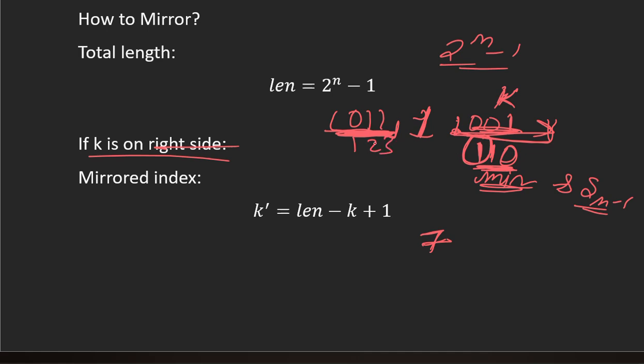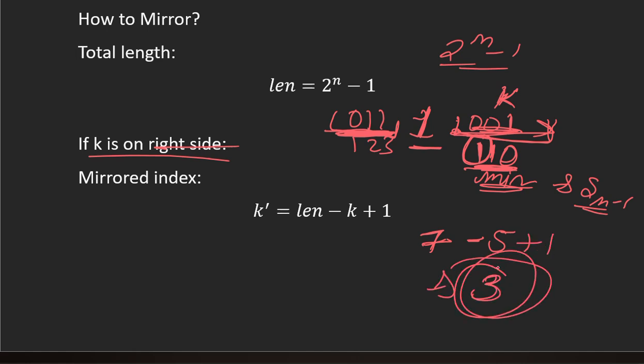So if k is greater than the middle element, then we update k such that we map it to the previous string. So 7 minus 5 plus 1, that is 3 only, right? So we have updated the k.